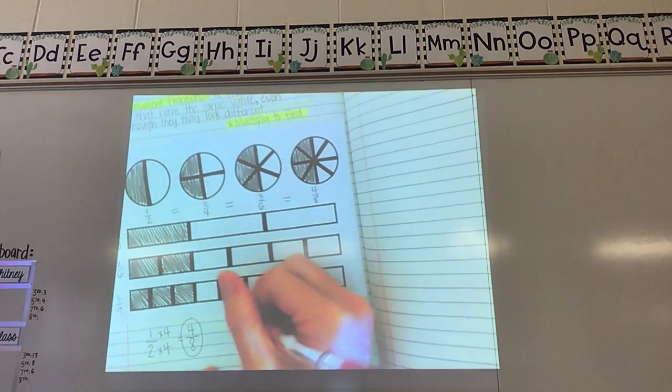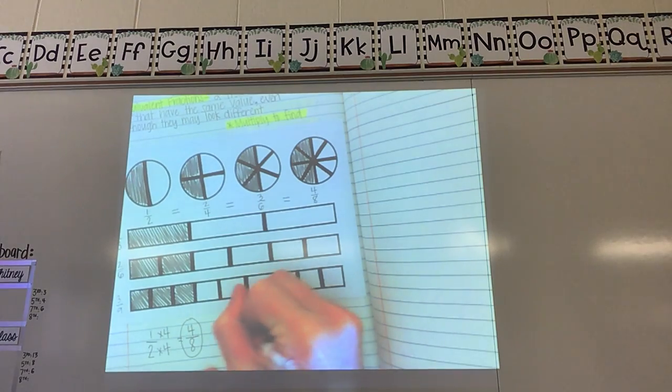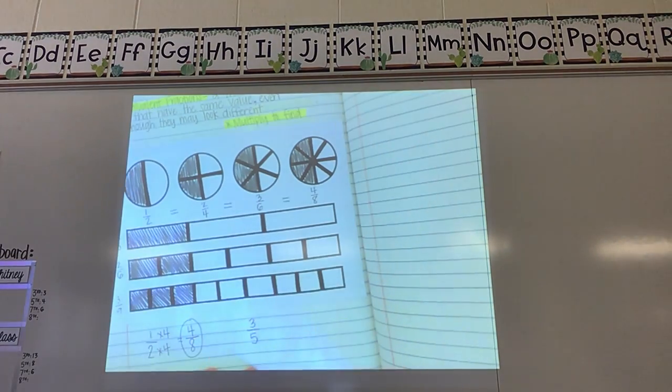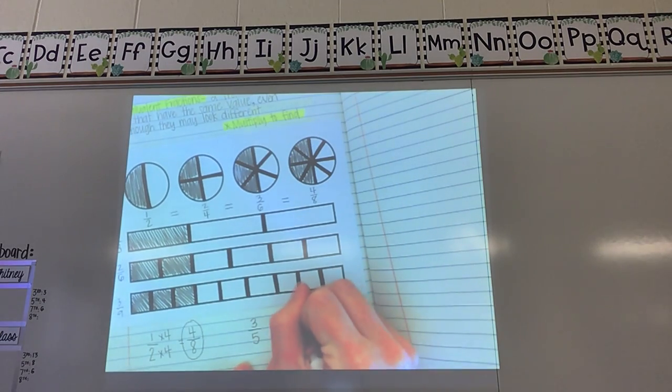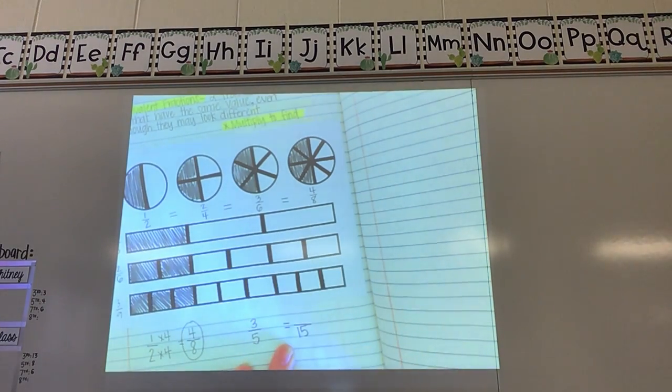Let's try again. I'm going to give you the fraction 3/5. And I would like to create an equivalent fraction that has a 15 as our bottom number. Again, I know I have to multiply to get bigger numbers. So I'm thinking 5 times what would get me over to 15?